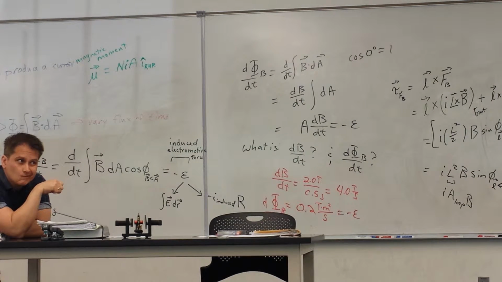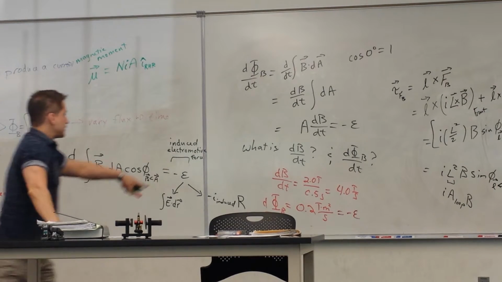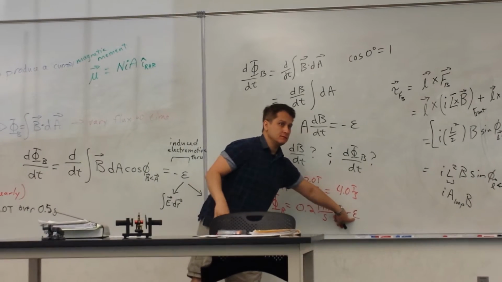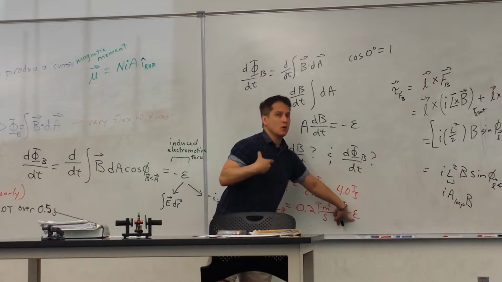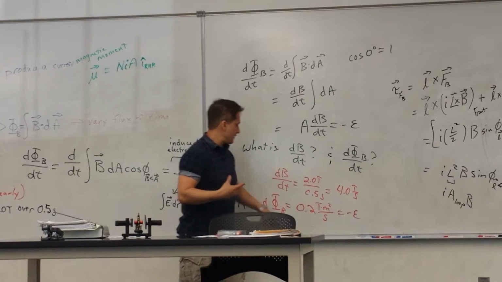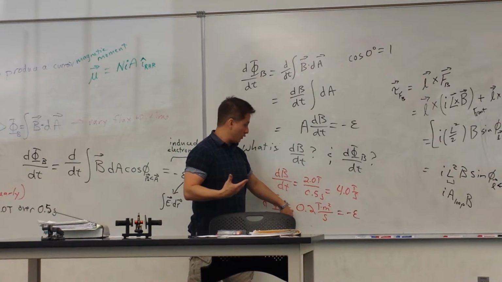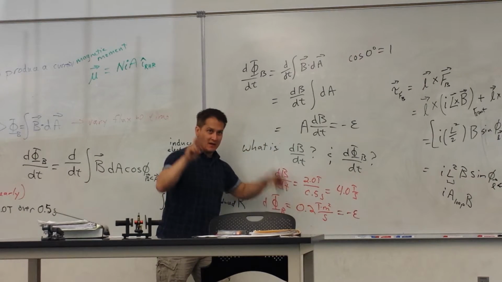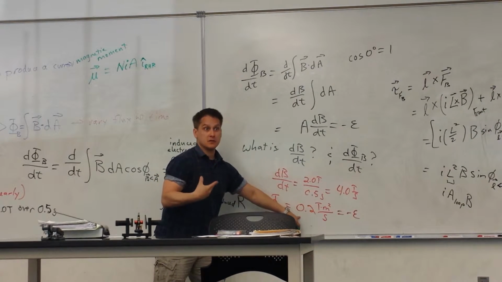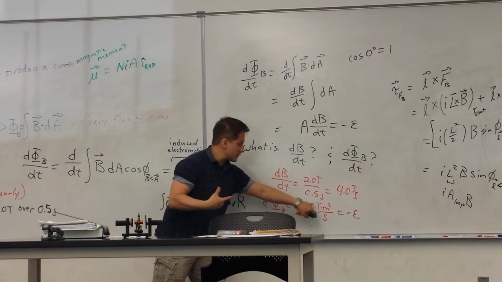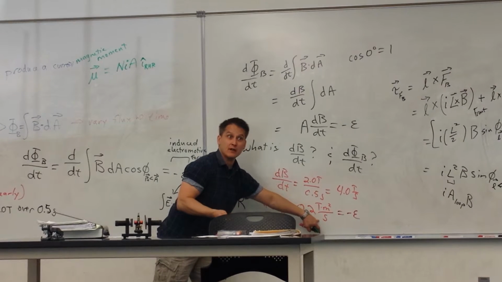Why would we expect it to have a negative value, if you will? Or why would the electromotive force be negative 0.2 volts? Right, because 0.2 Tesla meters squared per second is another way of saying a volt.